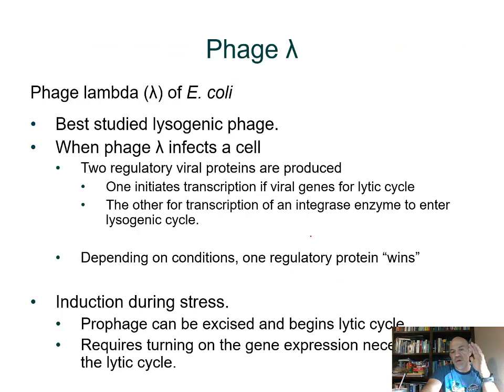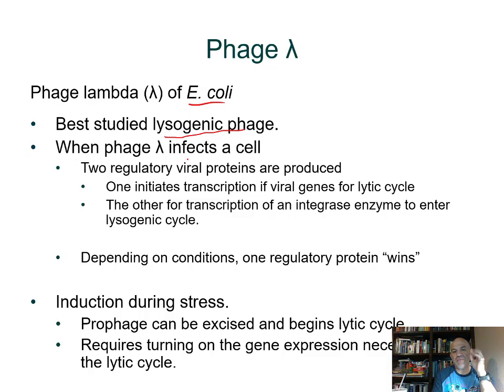There are some good animations as well that I have linked on the activities page. There's a very well-studied phage called phage lambda, which also infects E. coli. And this one has been well studied for the lysogenic phase part of the cycle.